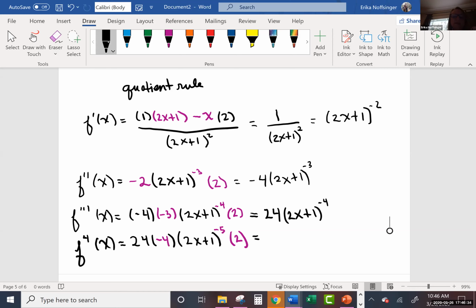So what does that give us? That's negative 8 times 24, so that's negative 192, all times 2x plus 1 to the negative 5th.